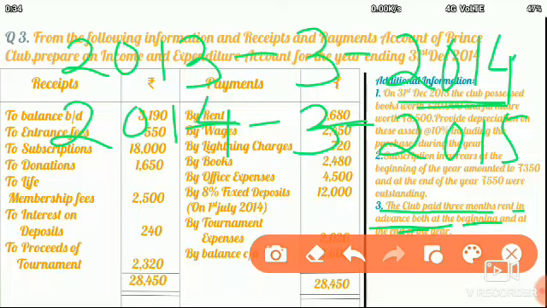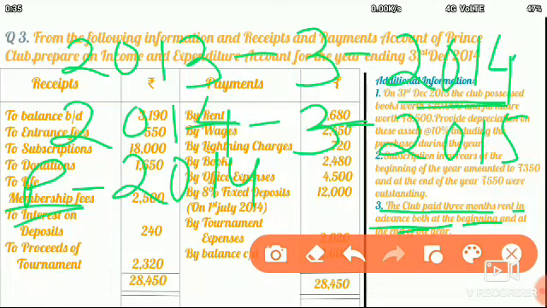If we are preparing the receipts and payments account for 2014, on the payment side we will have rent. In the previous year an advance was paid for 3 months, that is for 2014.